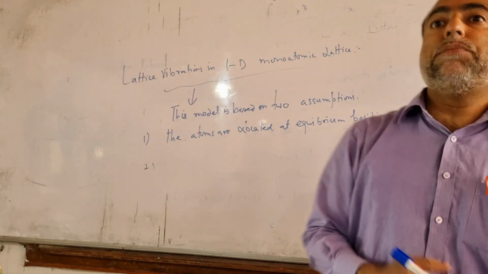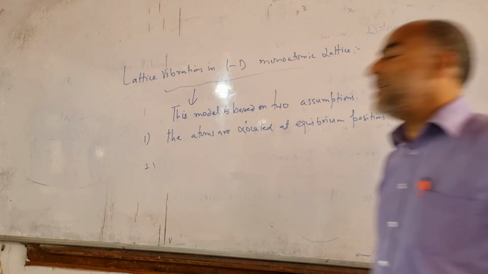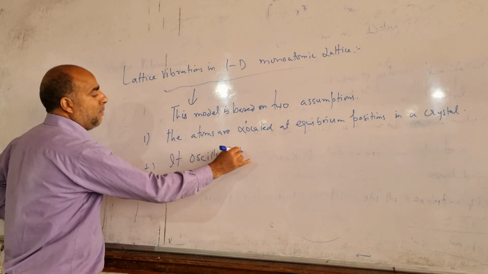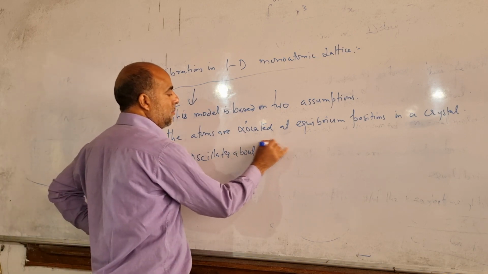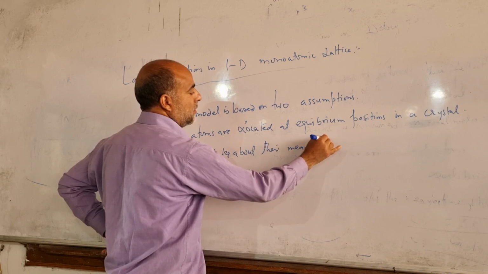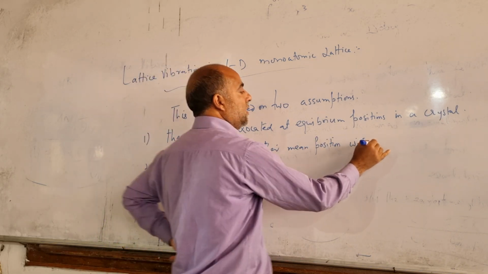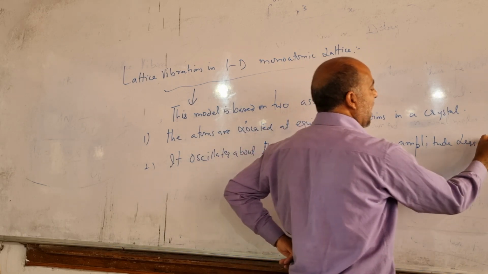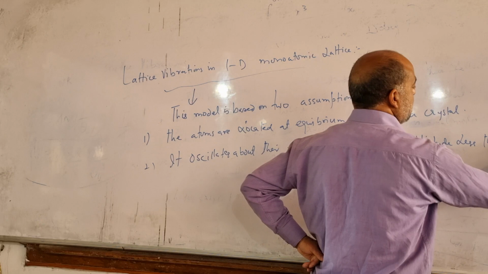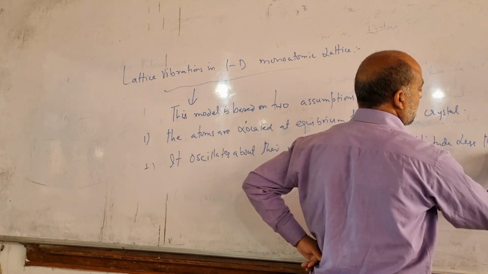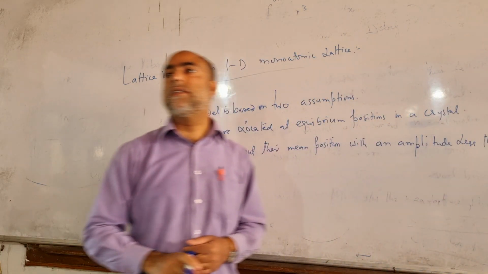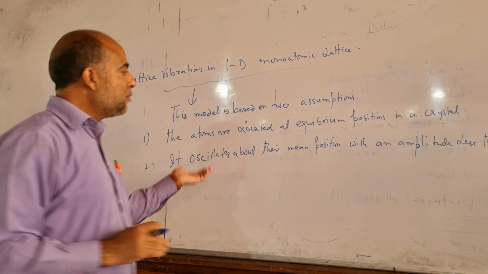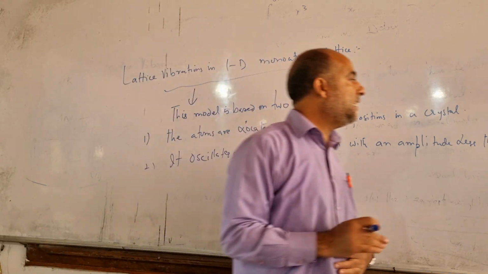And the second important assumption on the basis of which this model was formulated is that the atoms oscillate about their mean position with an amplitude less than the interatomic spacing.